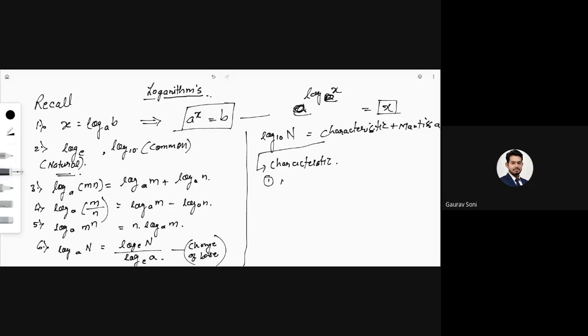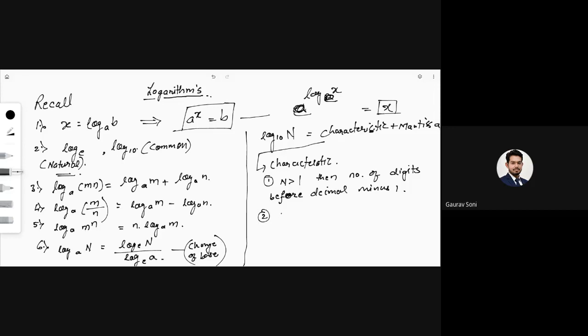If n is greater than 1, then it is the number of digits before the decimal point minus 1.